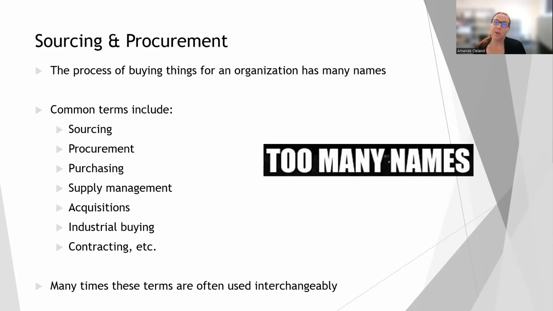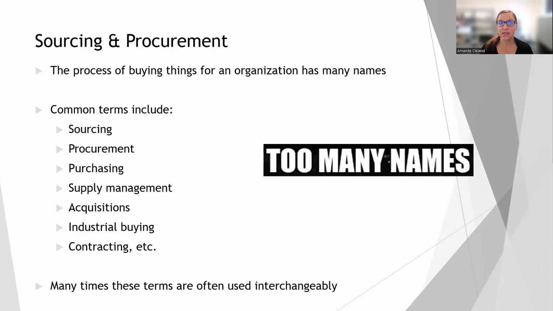So the process of buying things for an organization can have many different names. If any of you decide to get into sourcing and procurement, you may hear a lot of common terms, especially when you're looking for jobs. You may see, of course, sourcing, procurement. You may see purchasing. You may see supply management, just like supply chain, remove the chain. You may see acquisitions.